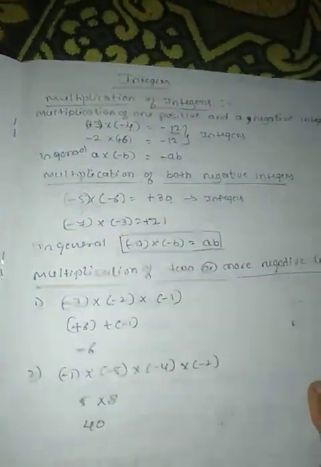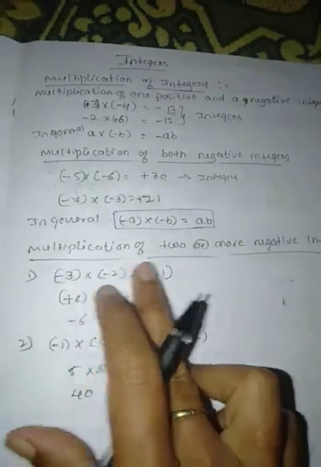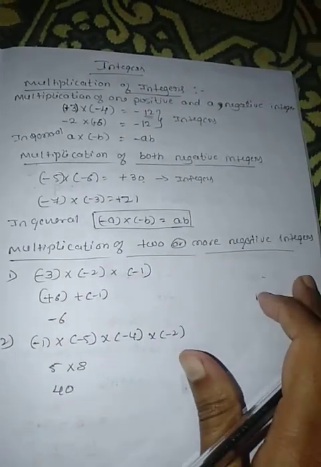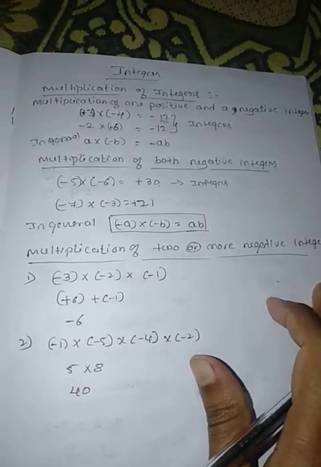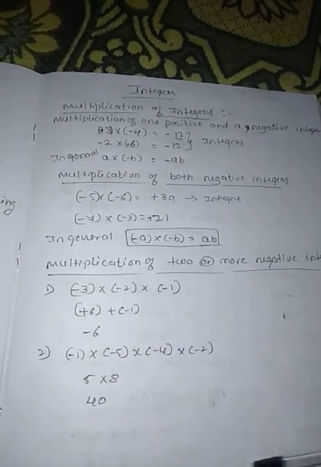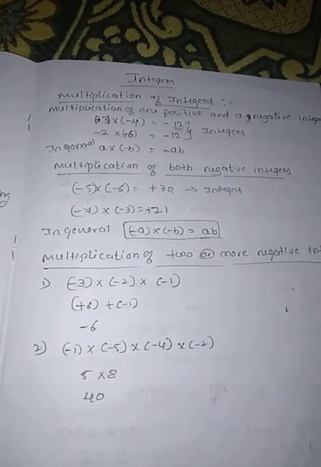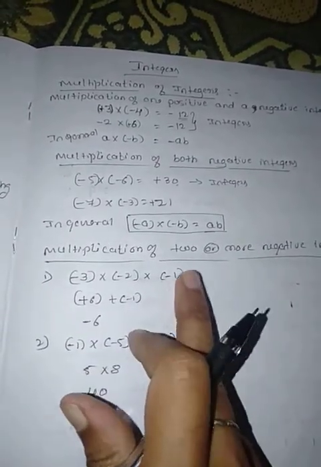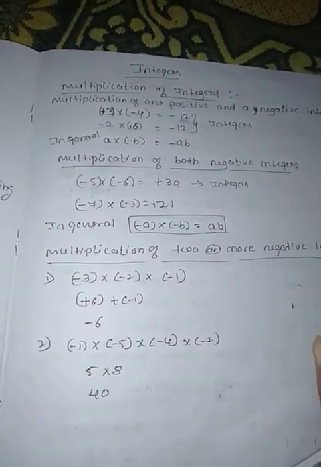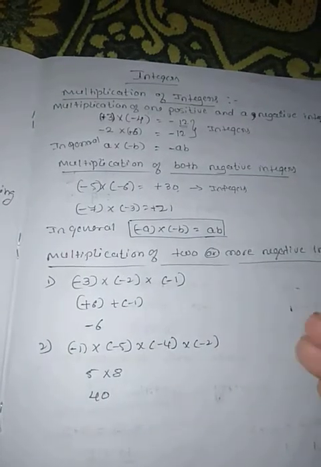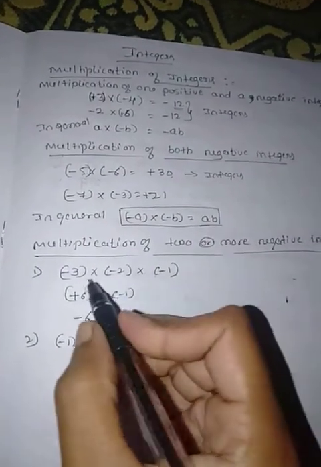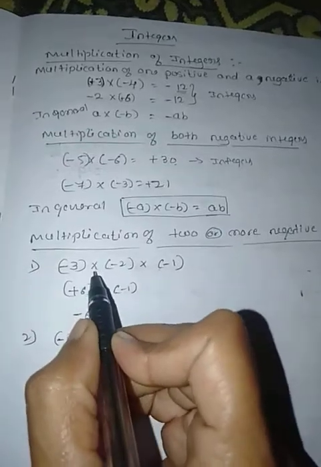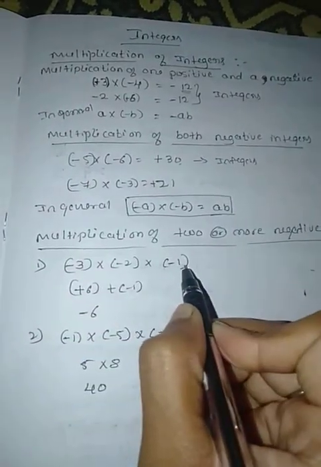Now the next one is multiplication of two or more negative integers. Sometimes we have to multiply three negative integers or four negative integers. The first one is three negative integers. The 3 means odd. When we multiply an odd number of negative integers, what will be the product? See here in the first example, minus 3 into minus 2 into minus 1.